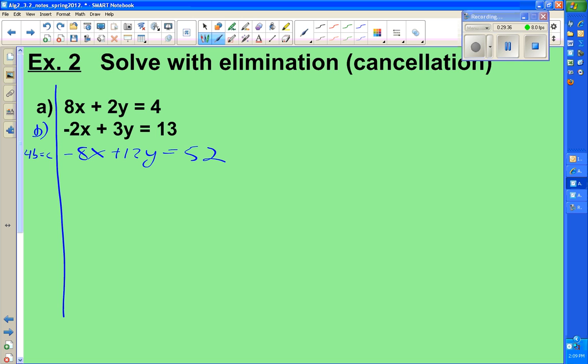So for me, I know this is going to take 3 more seconds. I'm going to write the 2 equations next to each other instead of having this B equation in between, so that when I'm adding A and C, the x's cancel, it's 14y and 56.